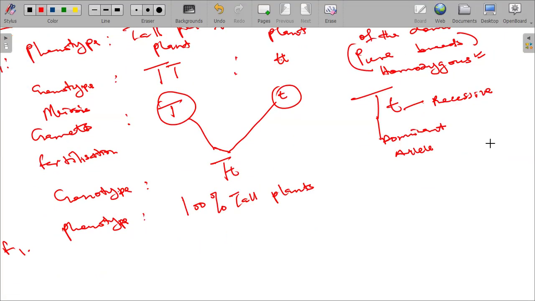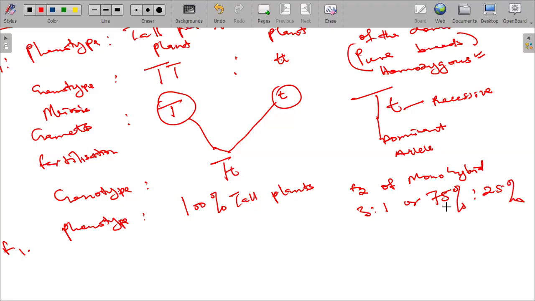Having said that, we need to calculate the F2 generation, the F2 of a monohybrid cross. The F2 of a monohybrid is always 3:1, or 75% to 25%, where 75% is from the dominant allele and 25% is from the recessive allele.